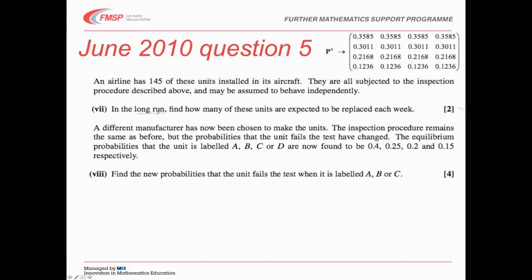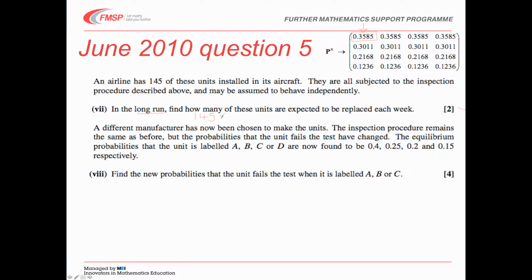So how many of these units are expected to be replaced each week? And the way that we can work that out is that we've got 145 of them. Okay, we start with A. How many are we expecting to be replaced each week? Well, that's the probability that you end up with A after a week.